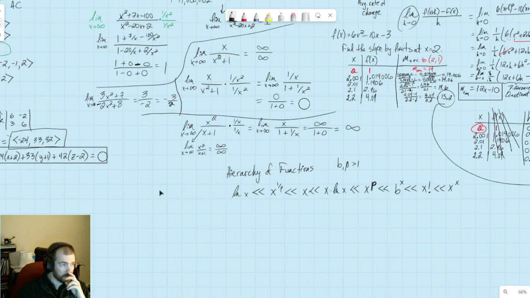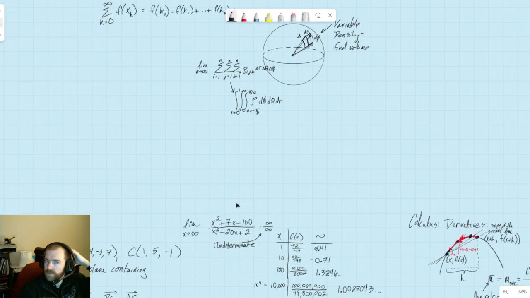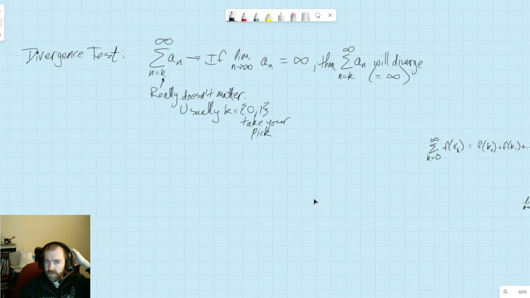If it's in the same level of hierarchy, then you have to do a little more work to figure stuff out. But it's not going to be horrible. Generally speaking, be pretty good.